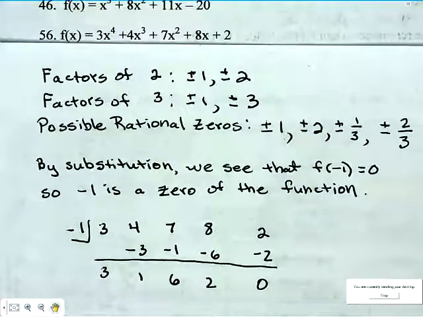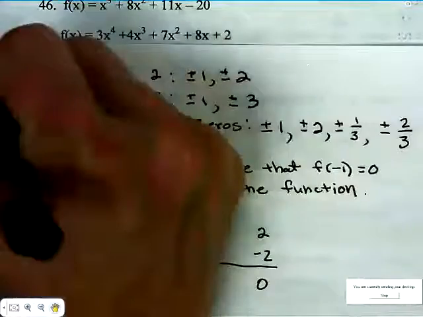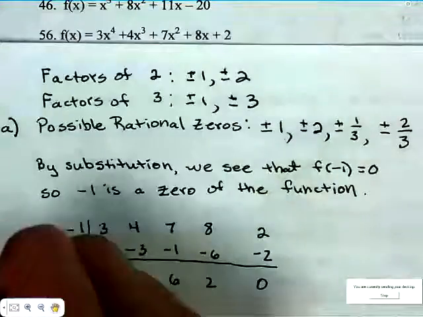I did get a 0 for a remainder. That confirms that -1 is indeed a 0 of the function, but it also allows me to factor the function. Now again, on the test, this would be an A part, and then there would be a B part, factor.